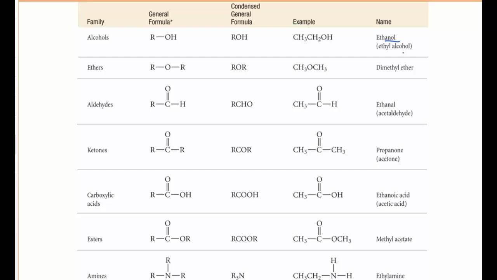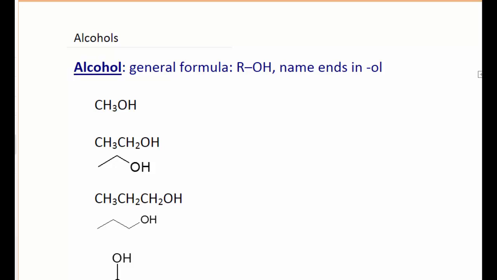The names will start... Notice at the start of it, there's a methyl, there's a prop, there's a meth. What does the start of those names in each case refer to? Yeah, it refers to the hydrocarbon group. It tells you what kind of carbon chain it is. So just the same way that we've named those so far, we're just adding these suffixes on the end of these names to indicate functional groups.